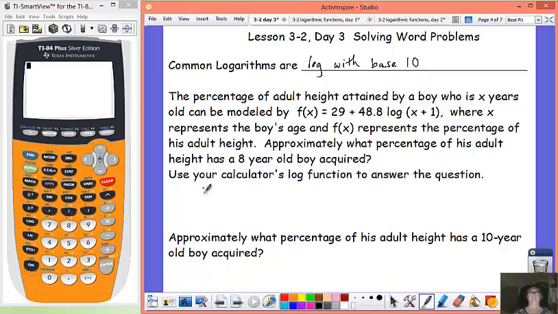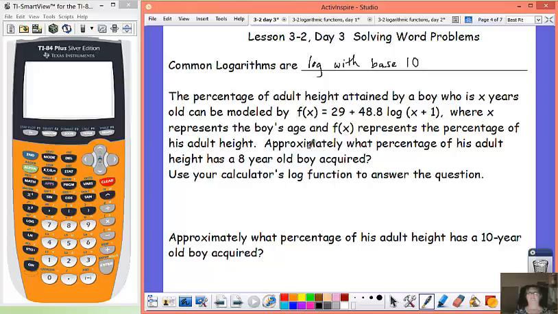The percentage of adult height attained by a boy who is x years old can be modeled by f of x equals 29 plus 48.8 times the log of quantity x plus 1, where x represents the boy's age and f of x represents the percentage of his adult height.